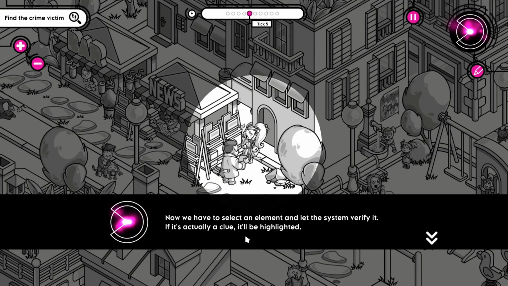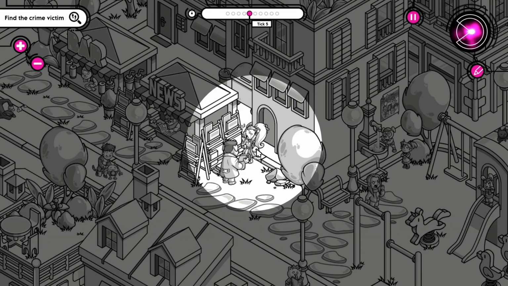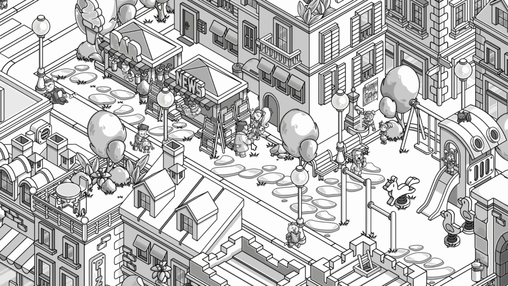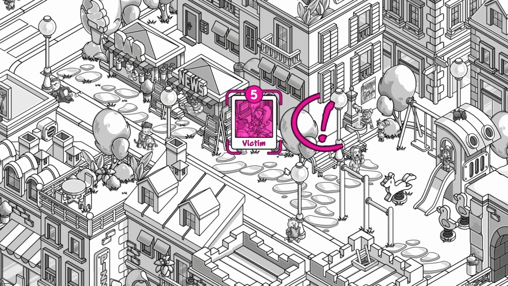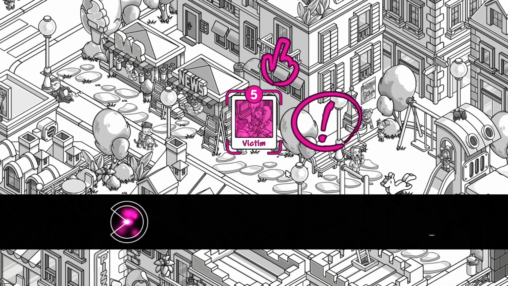If it's actually a clue, it'll be highlighted. Select an element, press and hold until the system answers. Right now, we need to find the victim of our fashion model. Can you find her? Victim. Great job, detective. Here's our model.